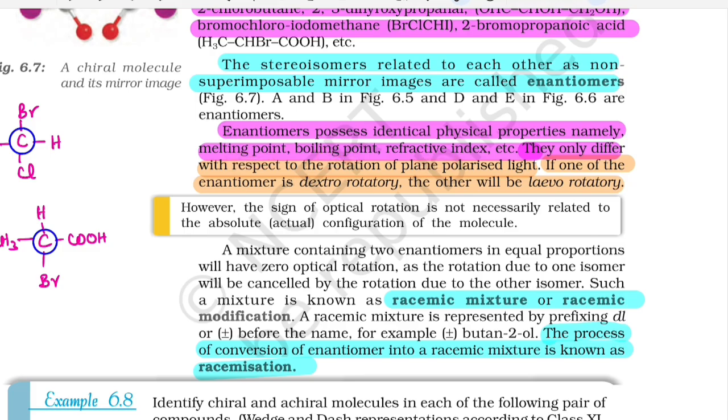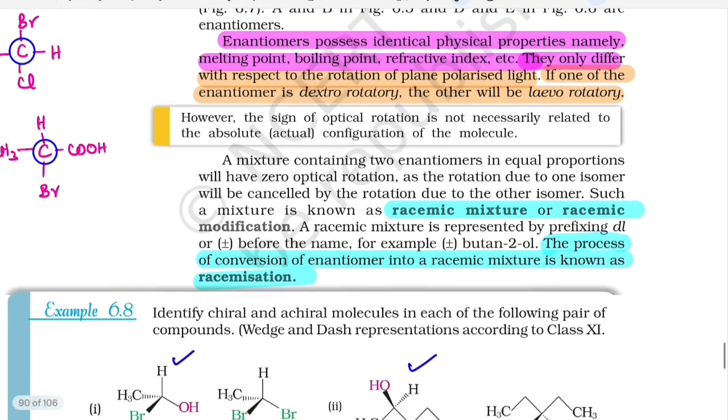They only differ with respect to rotation of plane polarized light, that is dextrorotatory or levorotatory. So if it is asked whether enantiomers differ in physical properties, you have to say no, it is wrong. They differ only in rotation of plane polarized light.